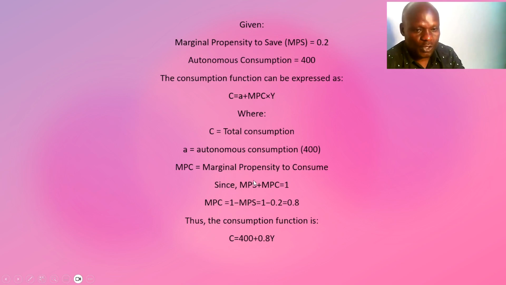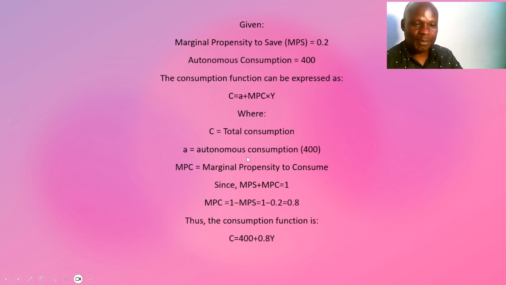But we should remember that the marginal propensity to save plus the marginal propensity to consume should be 1, because in an economy, you are either consuming or saving. So MPS plus MPC should be 1. If we are given MPS to be 0.2, it implies that MPC is 0.8.